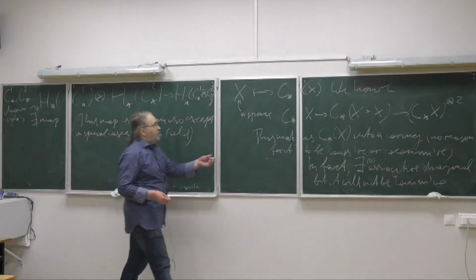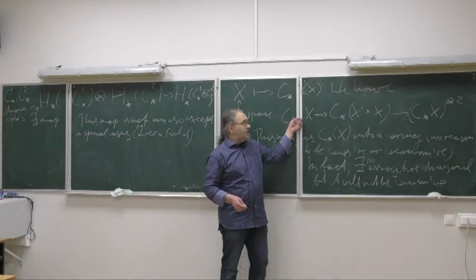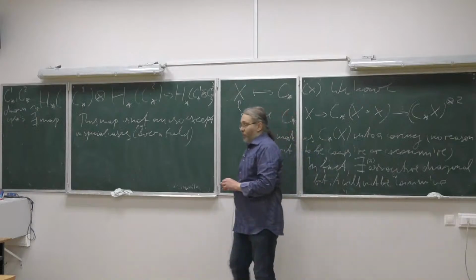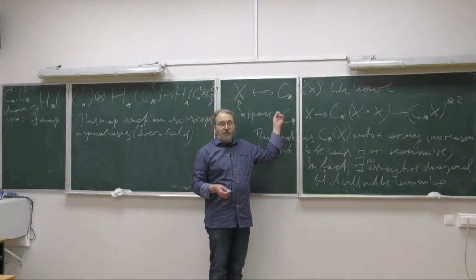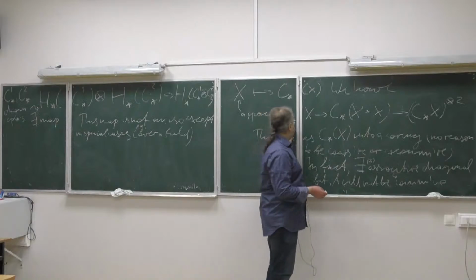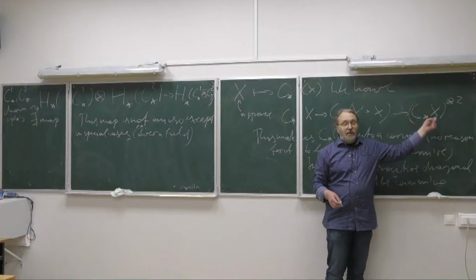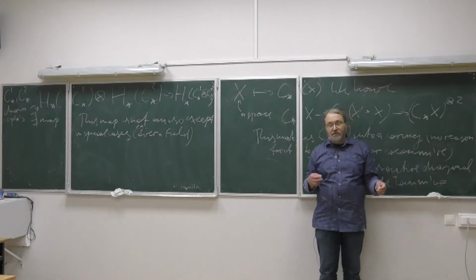So when we apply homology to this arrow, we get a map from the homology of C lower star to the homology of the tensor product. We do not get a map to the tensor product of the homology of X with itself.